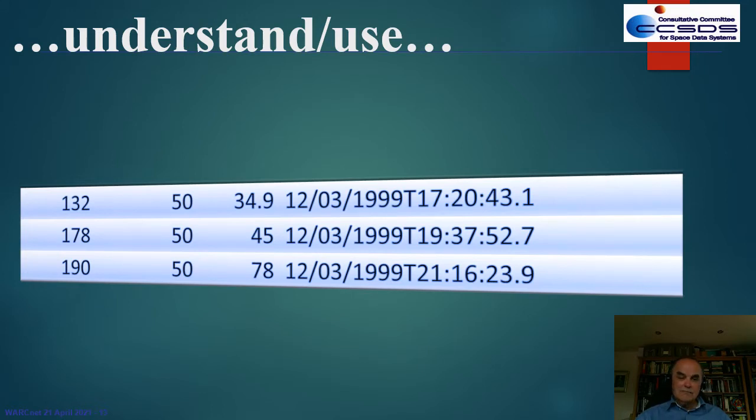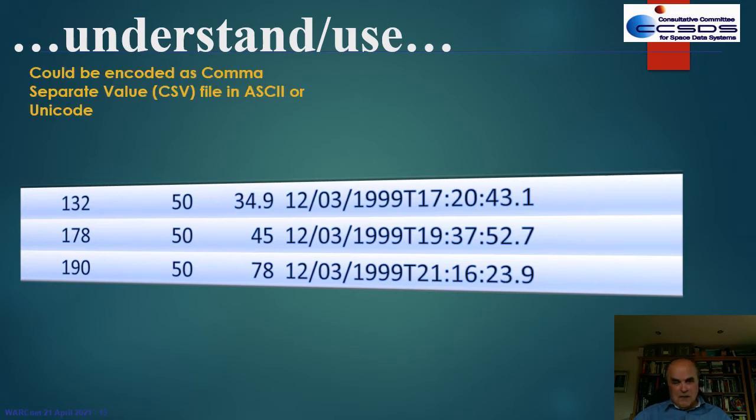How about this? Obviously a table. It could be encoded as a comma-separated value file, a CSV file, in ASCII or Unicode. One might guess what the columns mean, but what does it actually mean?